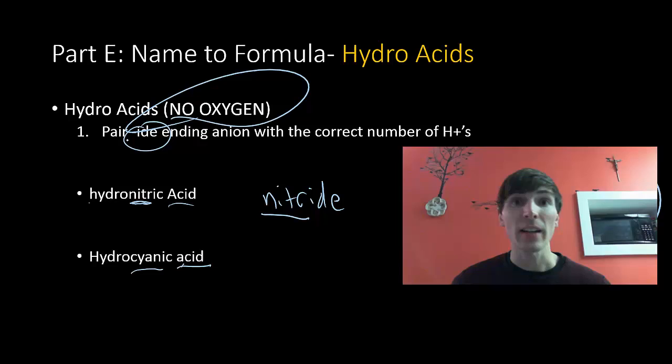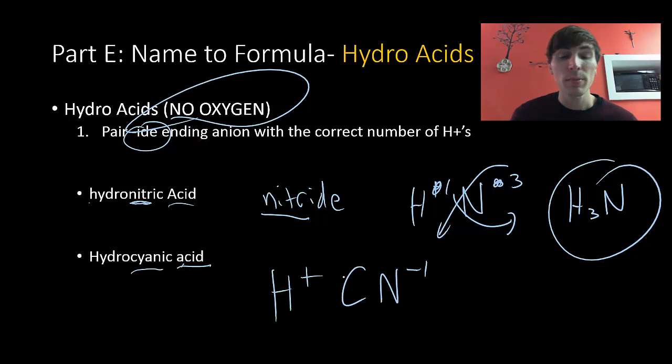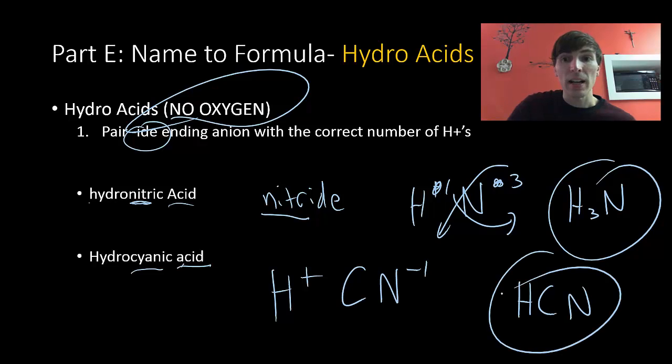This is cyanide, but you're not going to find cyanide on the periodic table. I remembered it was on the polyatomic ion sheet, one of the ones I had to memorize. Cyanide is CN minus 1. So I pair up an H plus because it's an acid, and I only need one of them. Hydrocyanic acid, HCN. Done.